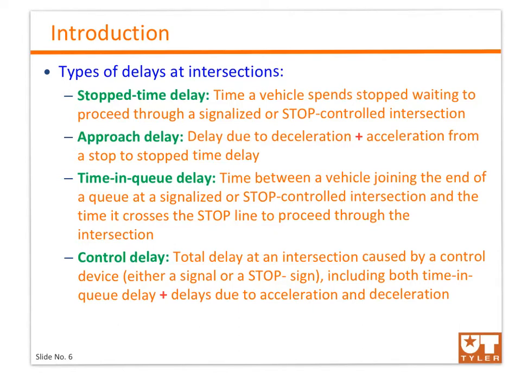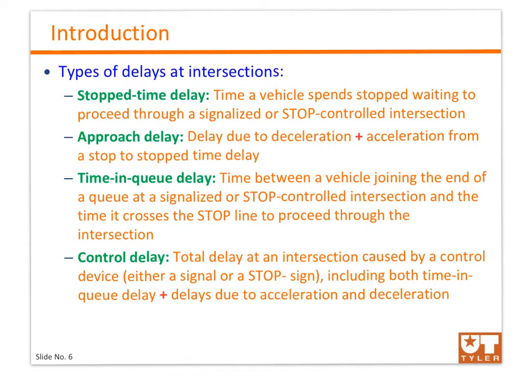If it's a red time, you're just at speed equal to 0, and this is what we call stopped time delay. Approach delay is the delay during the deceleration or acceleration from a stop to a stop time delay. Let's say you are driving at 45 miles per hour and approaching a signal, and all of a sudden it turns red, and you push on the brake to decelerate.